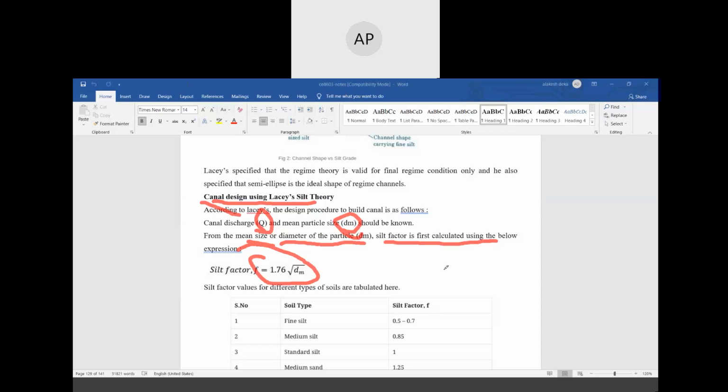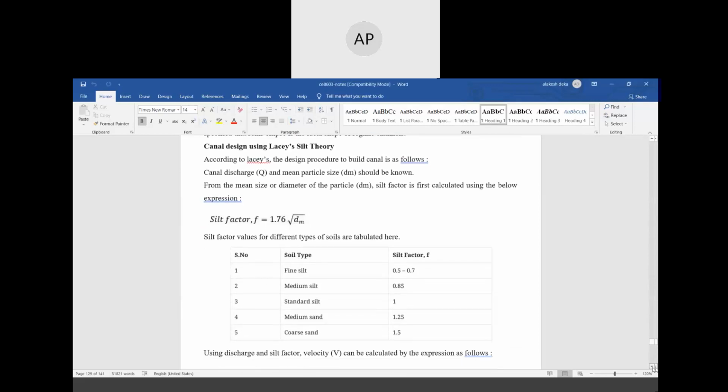The silt factor f for different size particles is given here. For fine silt, the f value is 0.5 to 0.7, medium silt 0.85, standard silt 1, medium sand 1.25, coarse sand 1.25.